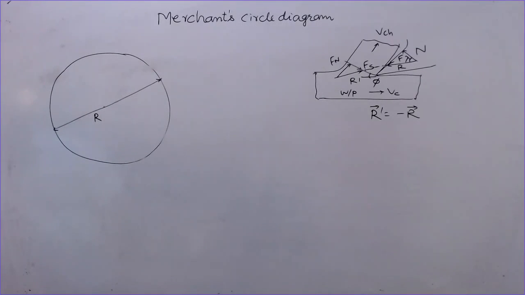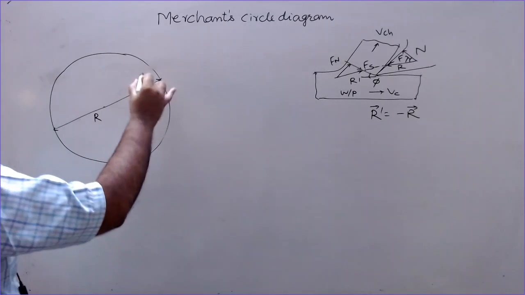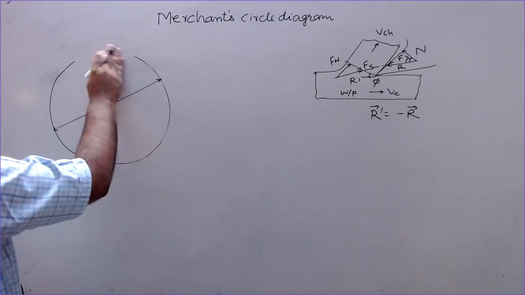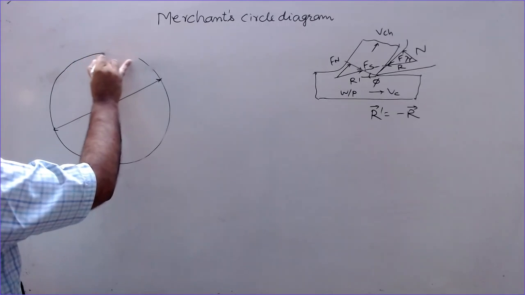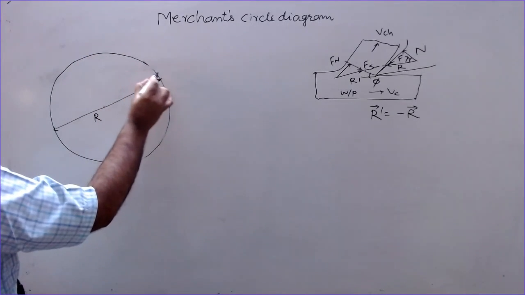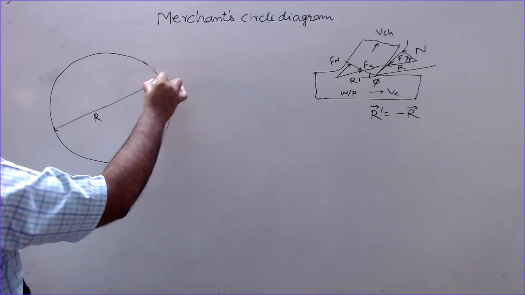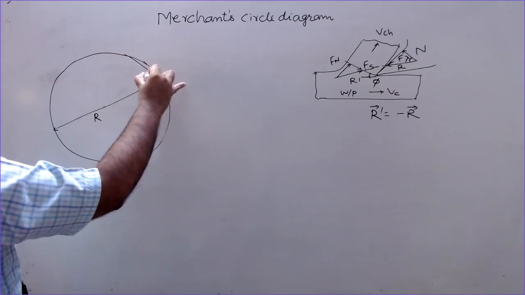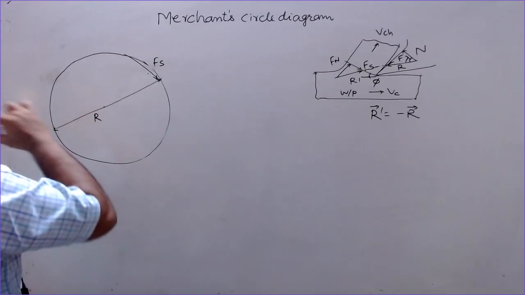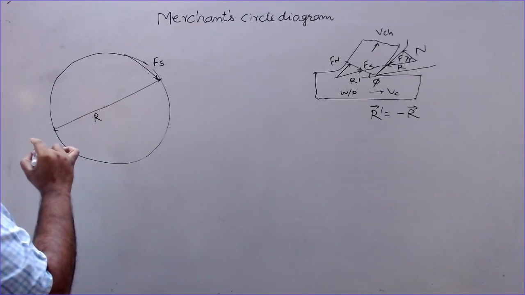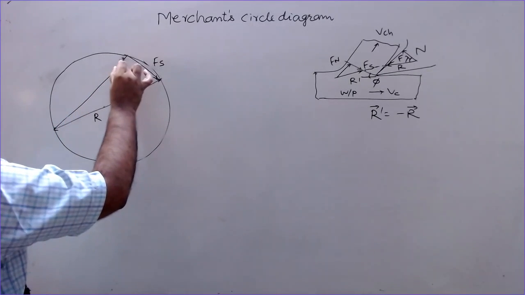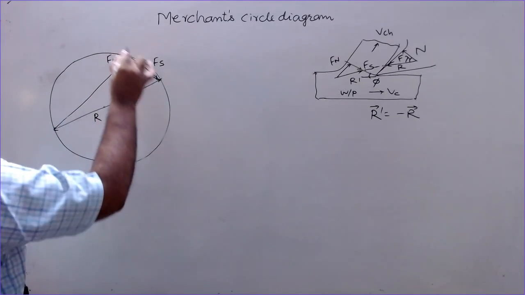We can resolve this into two components. One component is the shear force, Fs, and the other component, Fn, is normal to this.